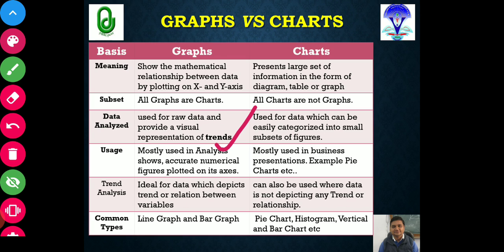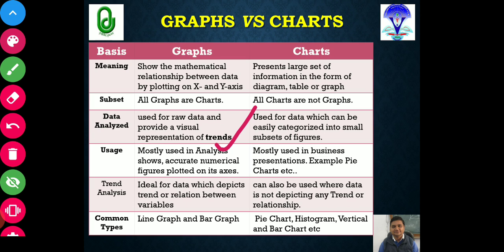Whenever you present cumbersome or very complex data in the form of a single diagram, that is known as a chart. A graph is a mathematical relationship between the x and y axis, so it is a more numerical type of presentation of data.